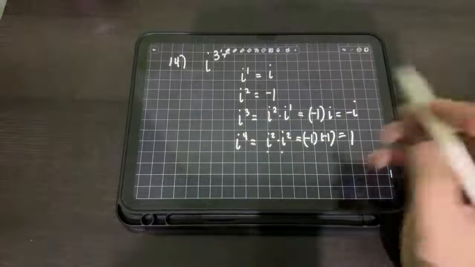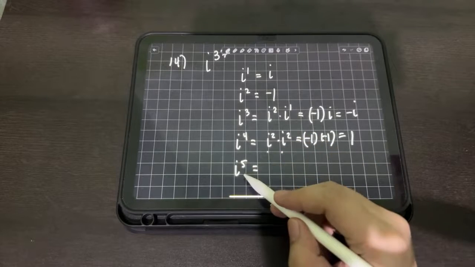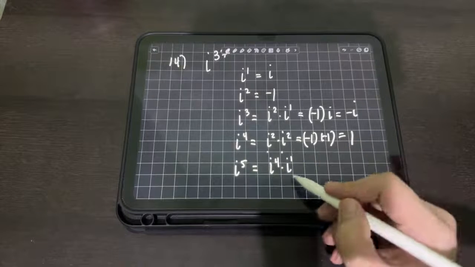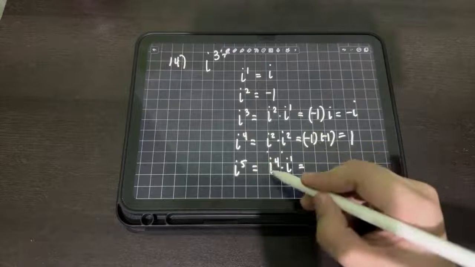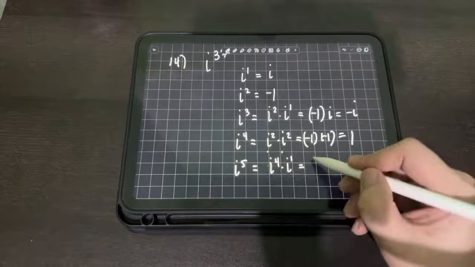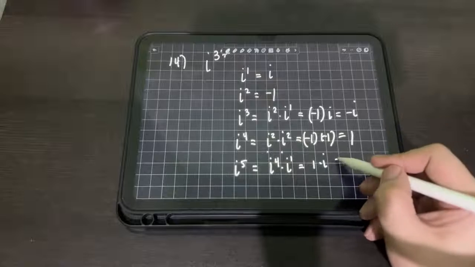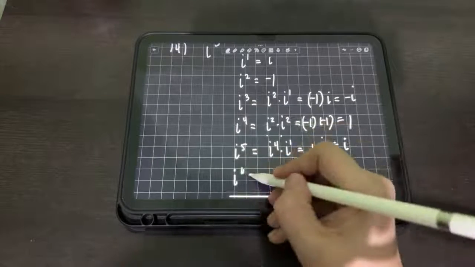Now if we continue, if we have i to the fifth, we can split the power as i to the fourth times i to the first, or i, right? So that 4 plus 1 is 5. But we know that i to the fourth is 1 times i to the first, or i. 1 times i, it's i. Next, i to the sixth.